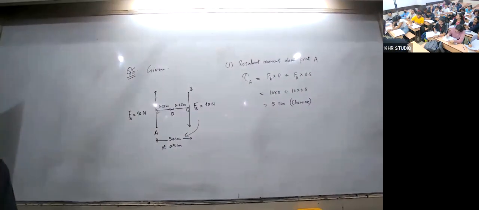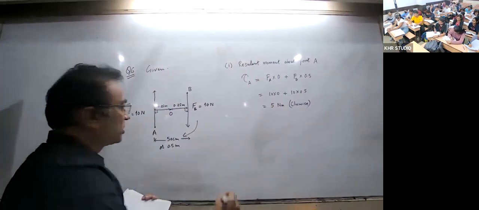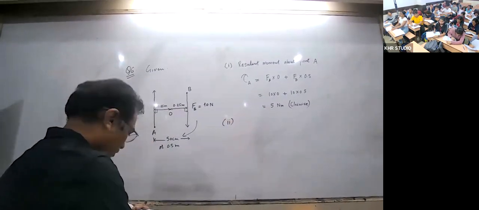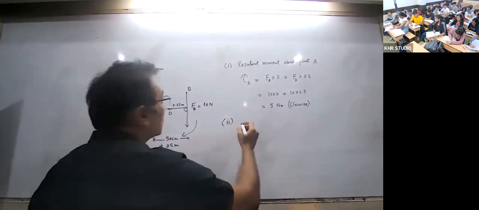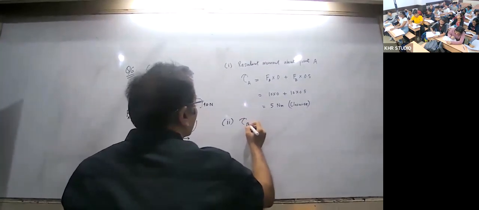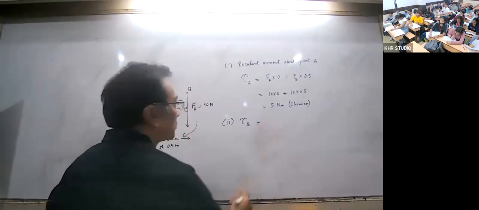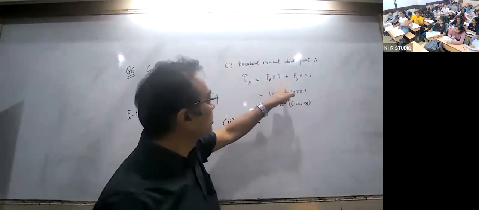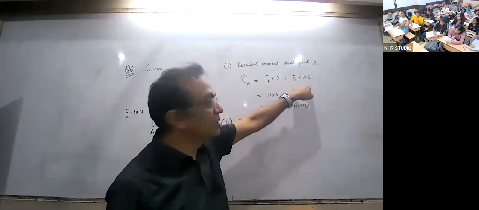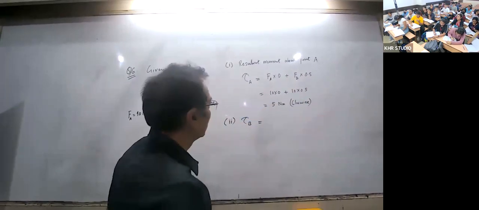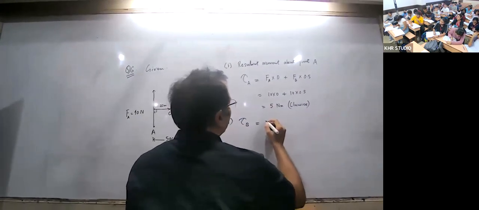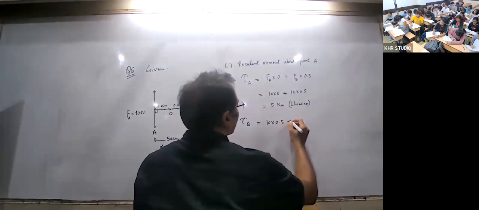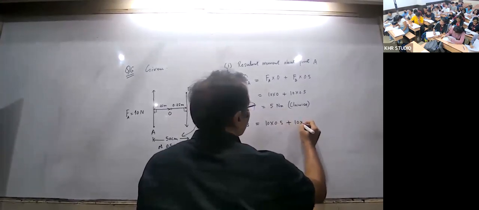Okay, everybody understood? Right, let's calculate about B. Now in this case, this will be 0.5 and this will be 0. So this will be 10 into 0.5 plus 10 into 0.